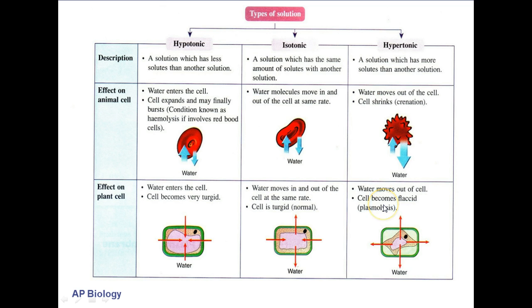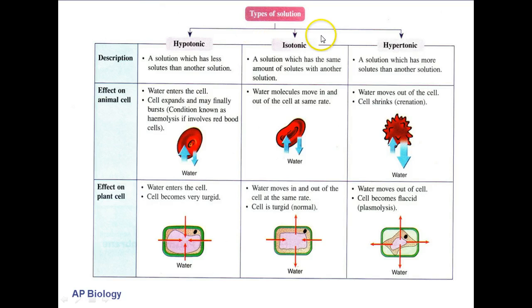We would say that the plant wilts at night. So make sure you add that in your notes as well. So when water moves out of this plant cell, the cell does the opposite of standing up, which is wilt. So it becomes flaccid. So hypertonic solution, high concentration of solute, low concentration of water, water moves out, cell shrinks, plant wilts.